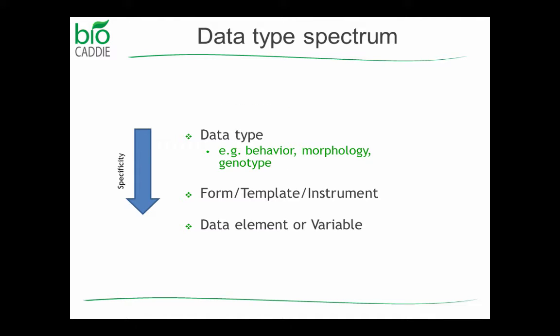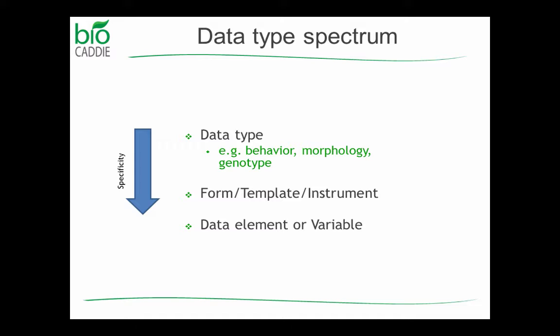And it takes us to the idea, because something else we've been talking about within BioCaddy is the idea of an ontology for data type. And we're going through discussions around what data type means.